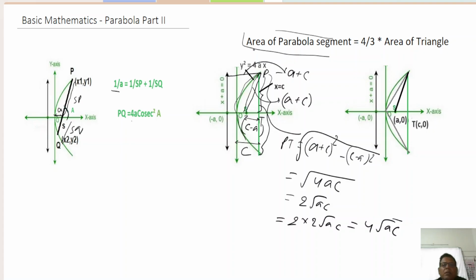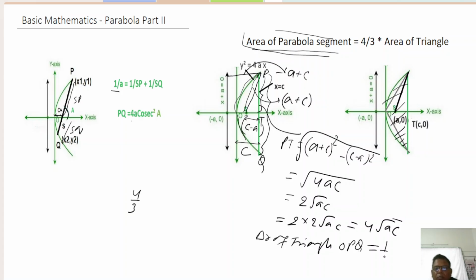Now this is the full parabola segment, and the full segment will be 4 by 3 of the triangle. First we have to find the area of the triangle OPQ, which is equal to half into c into 4 root ac, that is equal to 2c root ac.